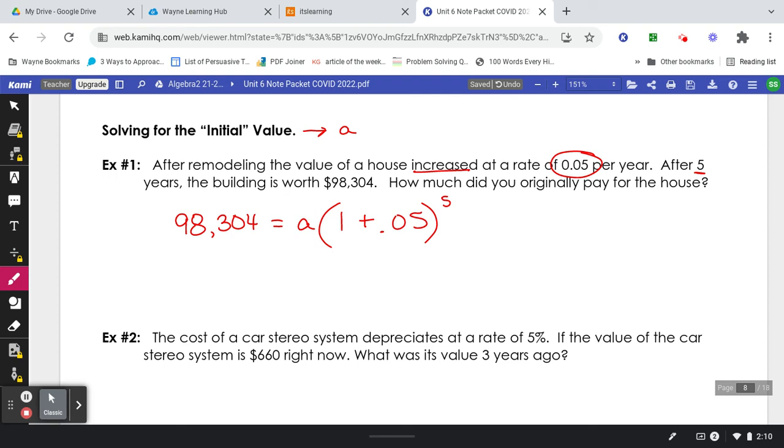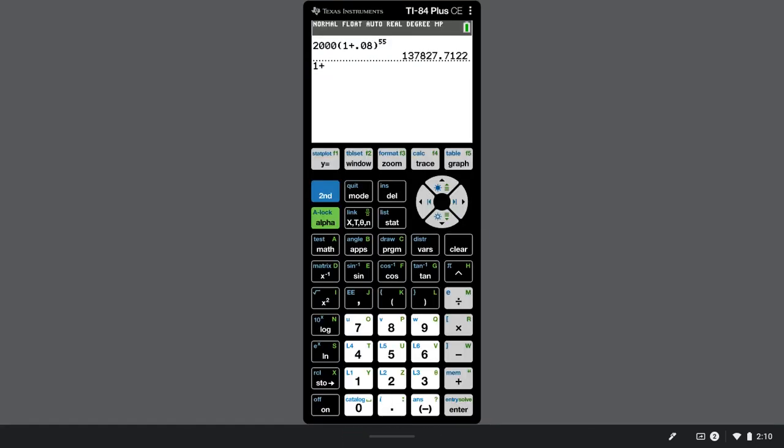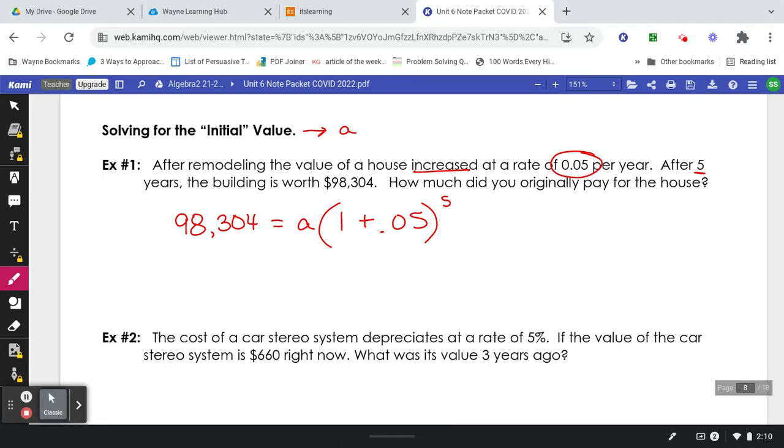And so then what we'll need to do is type this parenthesis 1 plus 0.05 exponent of 5 into our calculators. 1.276, etc. Let's go ahead and write that down on our paper.